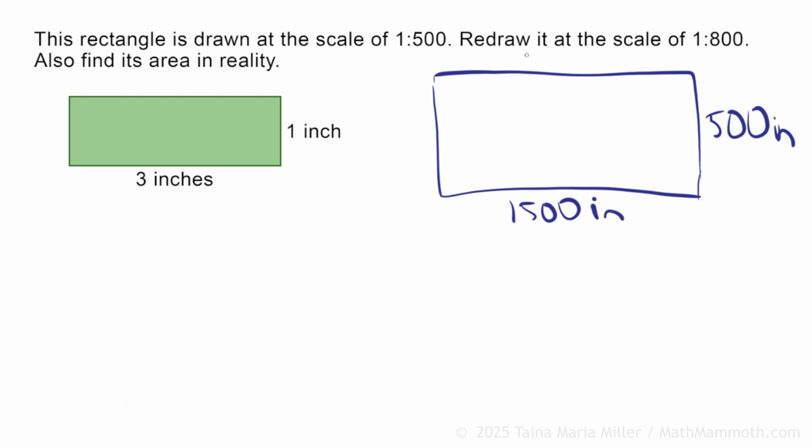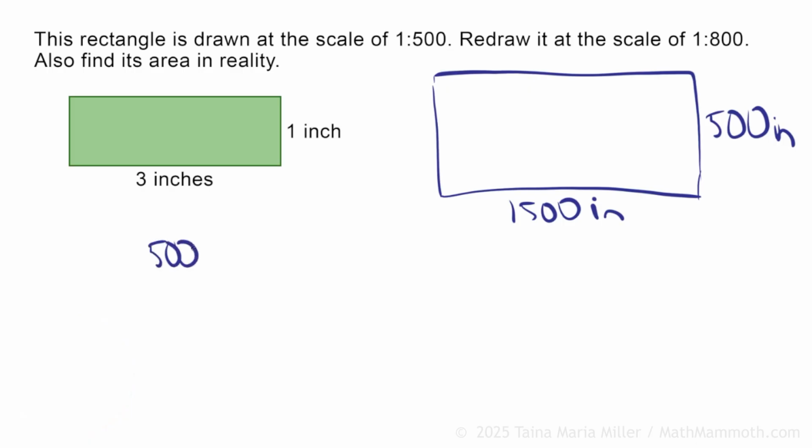If we redraw it then at the scale of 1 to 800, what do we do with this number, 800? If we go from reality to the scaled image, we take these dimensions and divide by 800. So 500 divided by 800 is how long the redrawn image will be.